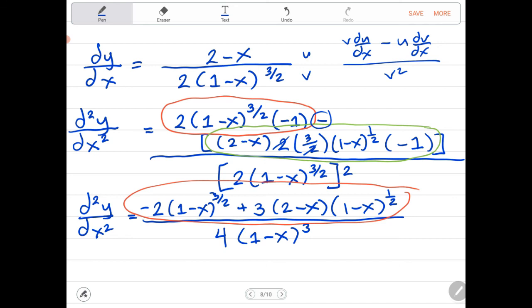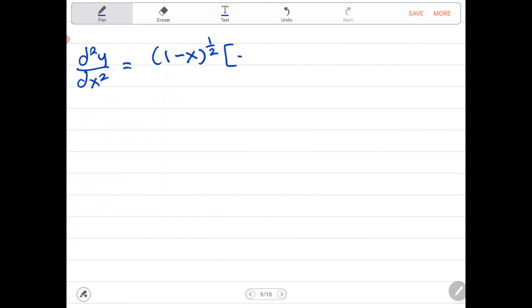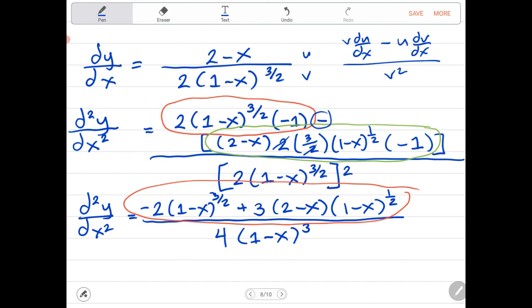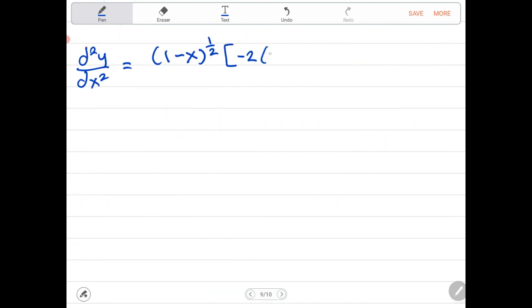The remaining will be negative 2 times 1 minus x. The exponent will be 1 because we already factored out the 1/2.